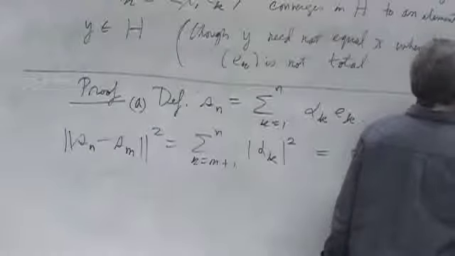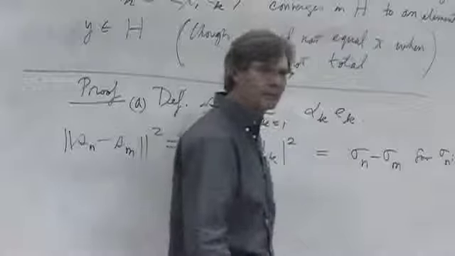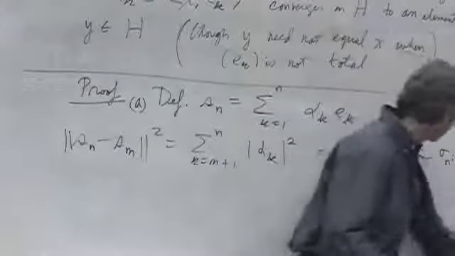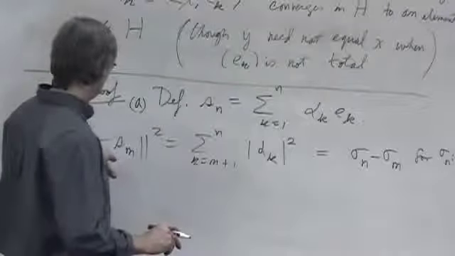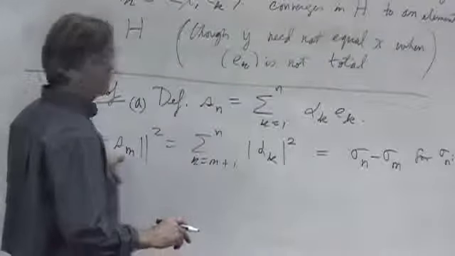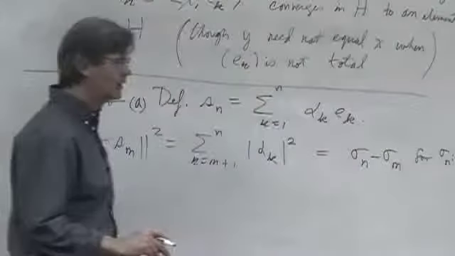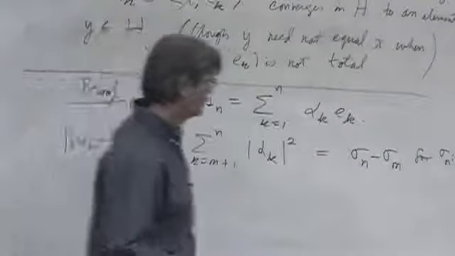I can always define that no matter what the alpha k's are doing. I can always define the finite sum. So I have the square of the norm of the difference equal to simply sigma n minus sigma m. And now, do the if and only if.